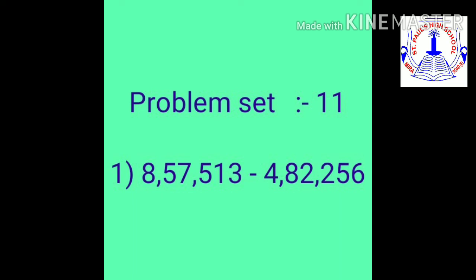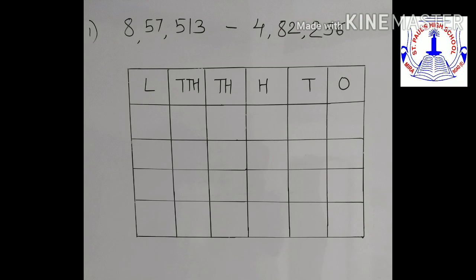Children, now we are going to solve problem set 11. Our first sum is 8,57,513 minus 4,82,256. Now, children, draw the columns and write down the numbers according to their place value.